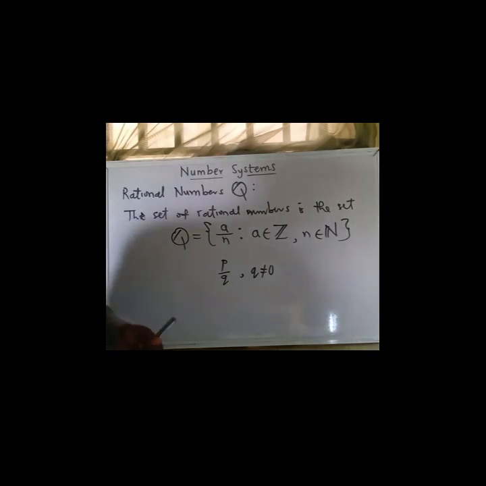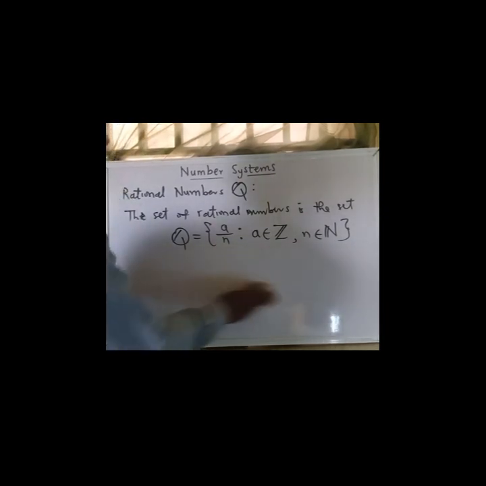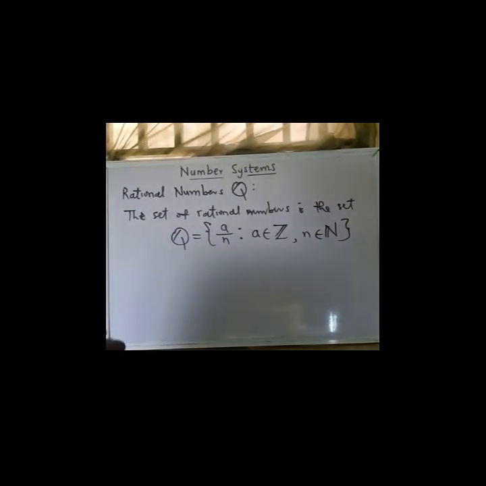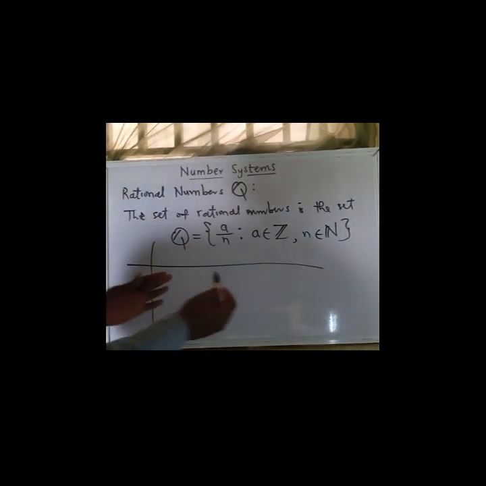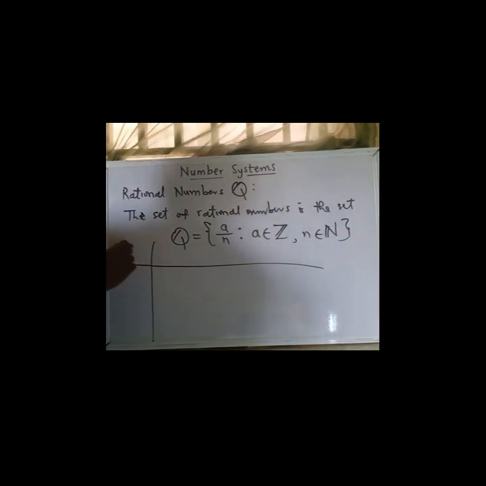Then in order to see some of the elements in the set, let us describe a table just to show a few elements of the set. On this table, I want to consider the operation as it is here, where the integer numbers are the elements here, while the natural numbers are the elements here, just a few.